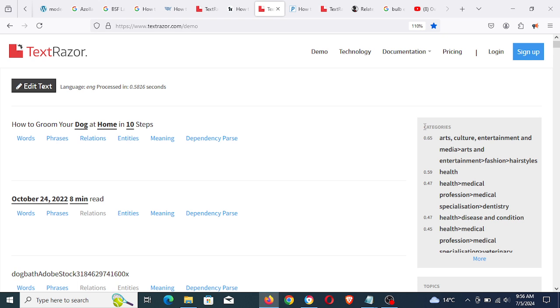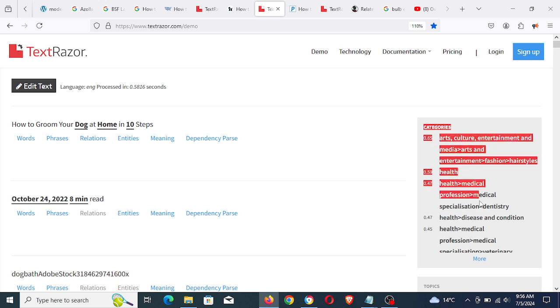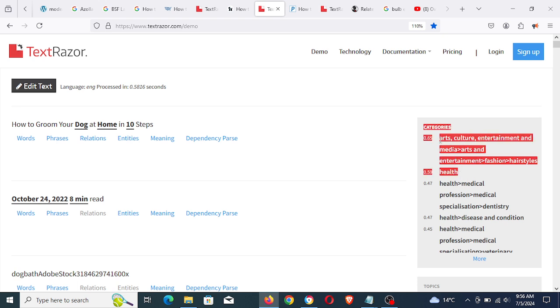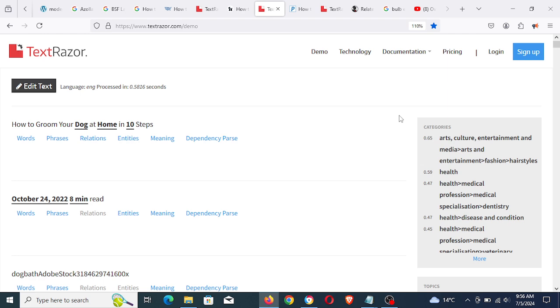It shows you the categories, and those categories indicate whether this is related to health, arts, and culture. So you can see the categories there. Like if I give you the word Apple, Apple is a company. It's related to technology, but Apple, a fruit, is related to, let's say, agriculture and stuff like that.